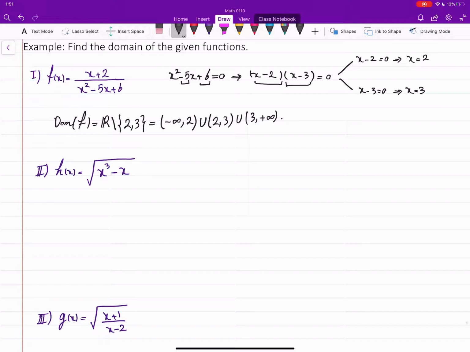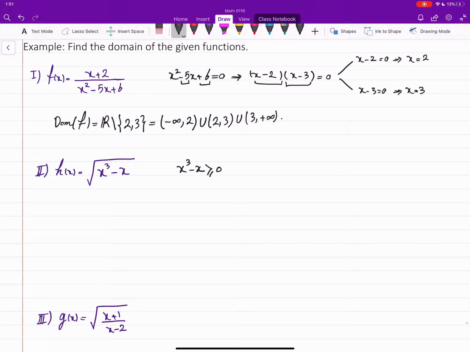Here we have the square root of x cubed minus x. We have to make sure that under the square root is not negative. In other words, it needs to be bigger than or equal to 0. To solve inequalities of this form, always remember we have to use a sign table.